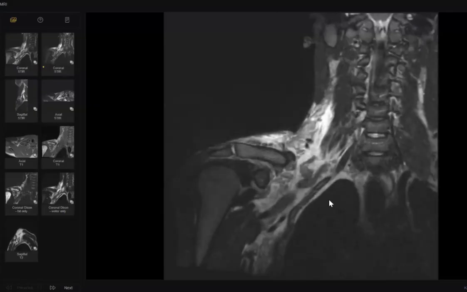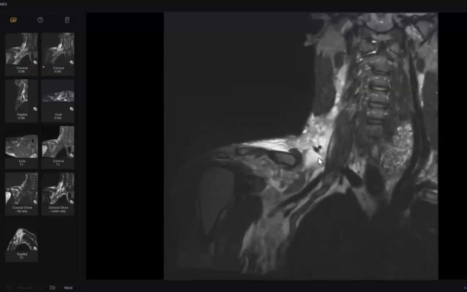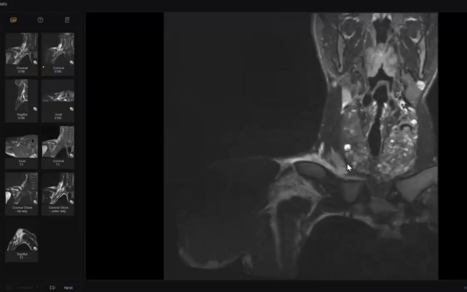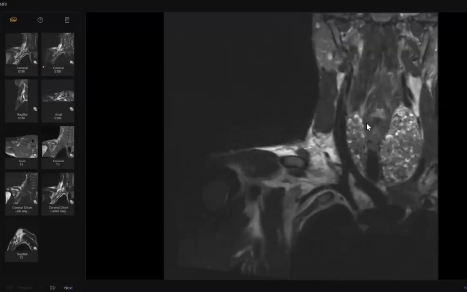Okay, so I'm presented with an MRI scan of the shoulder of a patient with trauma. These are the coronal T2-weighted images.